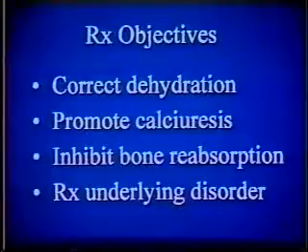The treatment objectives for managing hypercalcemia include hydrating the patient, using 0.9 saline as the fluid of choice. We might promote the kidney's excretion of calcium by giving furosemide, but only implement this after the patient is rehydrated.